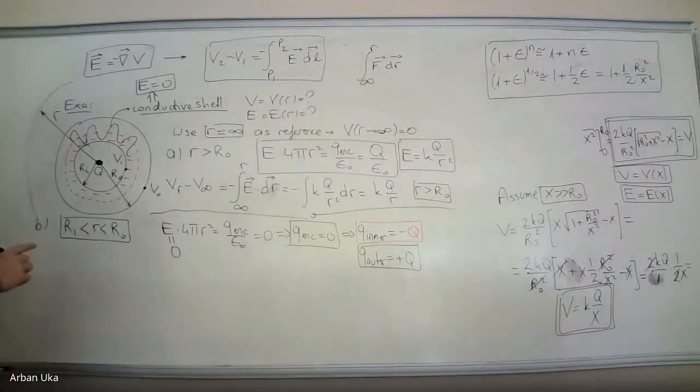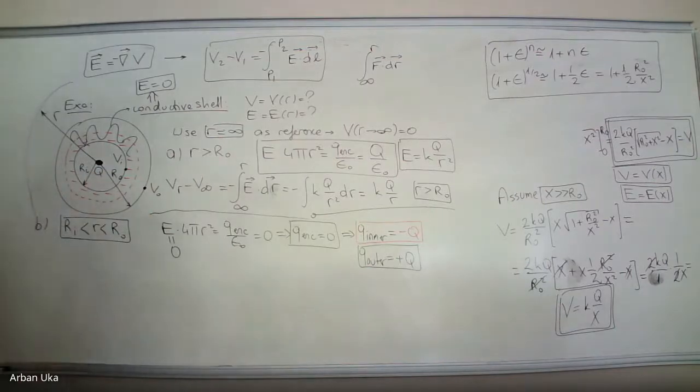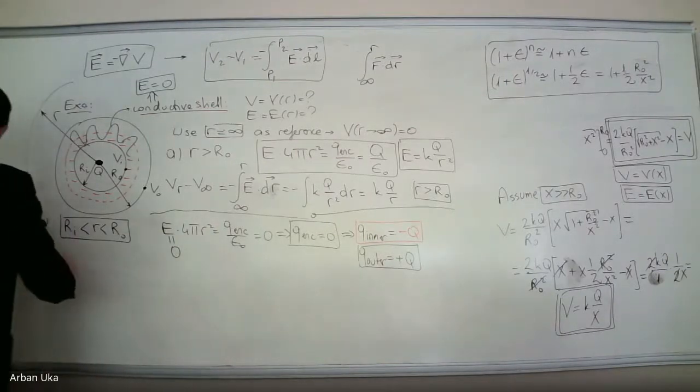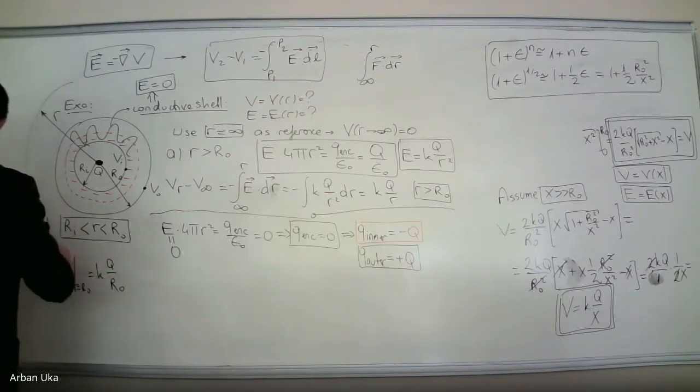We are using this notation: this is the inner radius, and this is the outer radius. And then, since we said the conductive shell is equipotential, we can say that the potential at R equal to R0, this was equal to K capital Q over, not R0, this is R outer. So let's write it like this.